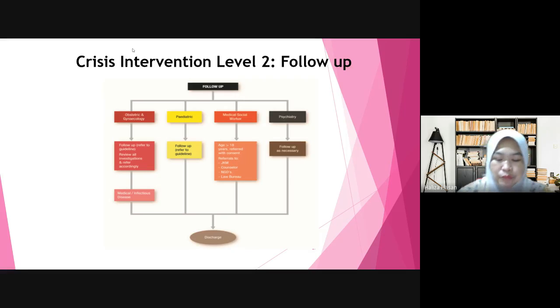For example, those who abandon their children, those are social problems, so they will refer to JKM, and also follow up for psychiatric follow up as necessary, because when they do the initial assessment, the perpetrator might have psychiatric problems, so then we do follow up for psychiatric.